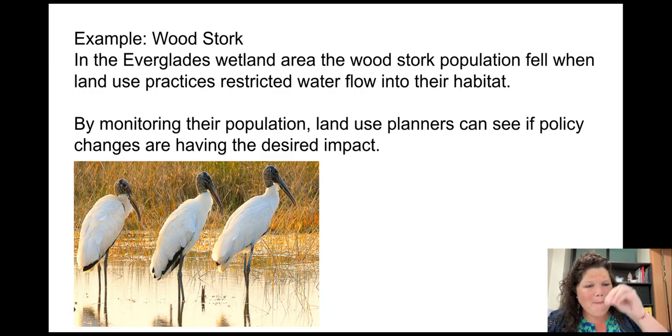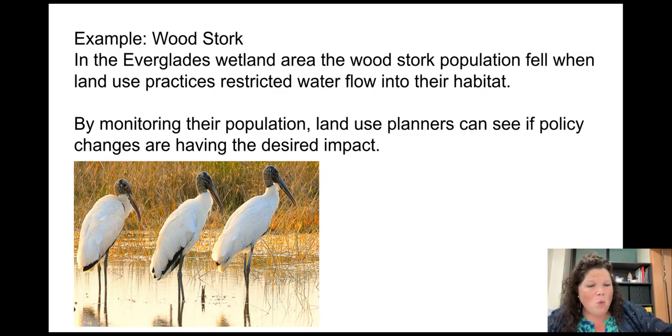As construction and malls and houses are built around these areas, the city is saying, okay, we want you to deviate your water supply, or we want you to add water to this ecosystem. And they can figure out, is that policy having a good impact? Is our species increasing? Is our species decreasing? And they are maintaining that ecosystem.